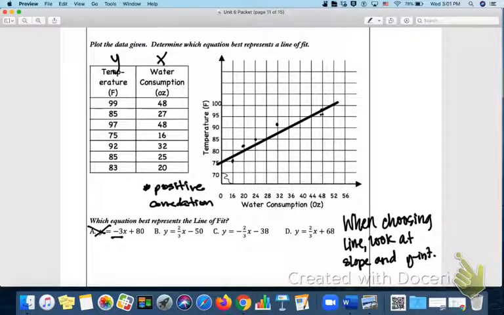My slope is 2/3, that's positive, so there's a chance that could be correct, but then it says that my y-intercept is negative 50. Our y-intercept needs to be a positive value, so I can eliminate B. C has a negative slope and a negative y-intercept, so I can eliminate that. And then D has a positive slope and a positive y-intercept. So I'm going to choose D as my best answer.